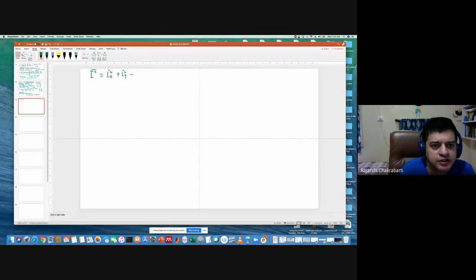I'm going to go a little fast because I want to cover a few things. This is fine? L square is Lx square plus Ly square plus Lz square, the square of the total angular momentum. Before you calculate that, let us try to calculate the commutator Lx, Ly.